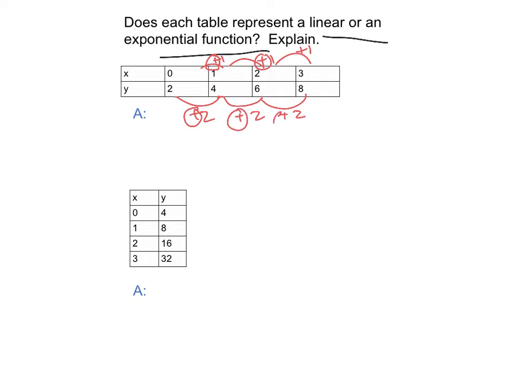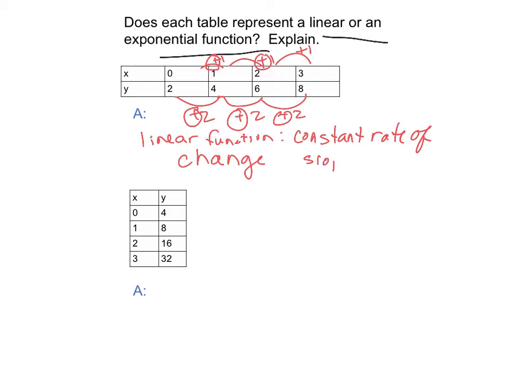This is also increasing by the same amount. Adding, not multiplying. So it is a linear function. How do you know? Because you have a constant rate of change. Your slope is 2. Because remember, slope's change in y over change in x, which simplifies to 2.